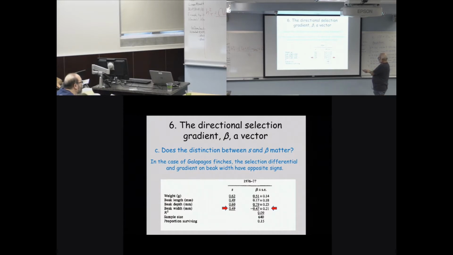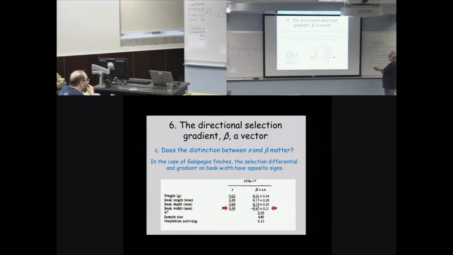There's an episode of selection in 1976-77, and Trevor and a team that included Lyle Gibbs and maybe Dolph Schluter, can't remember who else, estimated selection differentials. Here are the selection differentials, which all look positive on weight, beak length, beak depth, beak width.